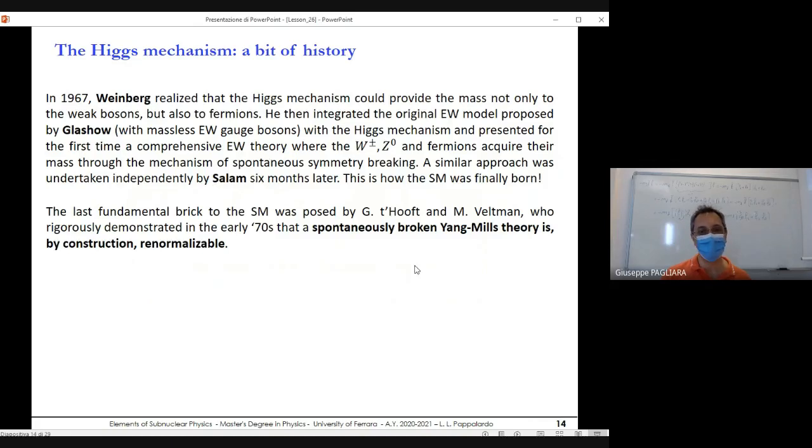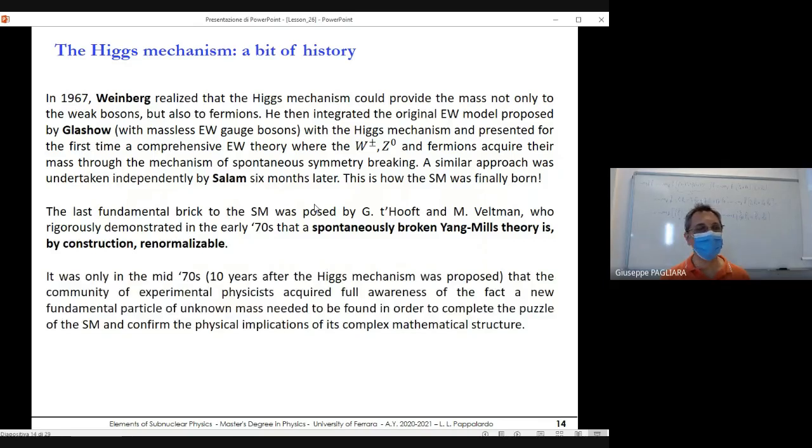The renormalization of the standard model, so the electroweak interaction, was proved only in the early 70s, years later, by Gerard 't Hooft and Martinus Veltman, who also got the Nobel Prize for this huge effort. It was an extremely complicated proof, but it is now there. So it is now proved that in general spontaneously broken Yang-Mills theories, such as the standard model, are by construction renormalizable. So the theory was there, let's say, by the first part of the 70s.